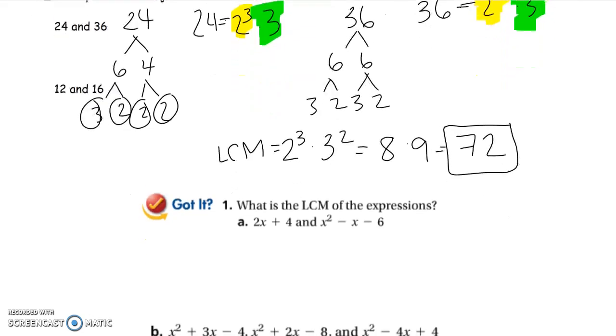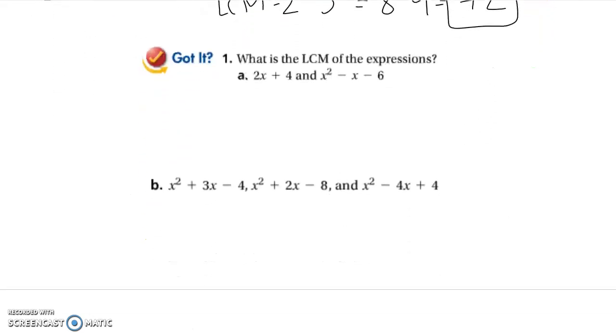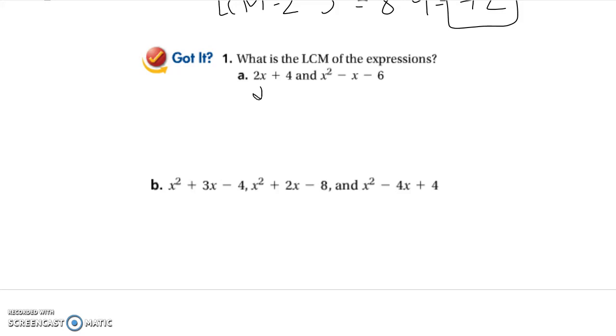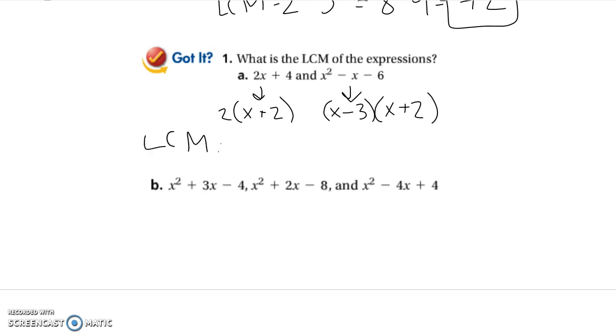Now we will practice doing this with polynomials, and what we need to do is factor each polynomial. So 2x plus 4 factors as 2 times x plus 2, and x squared minus x minus 6 factors as x minus 3 times x plus 2. Then for our least common multiple, we need to take the highest power of each factor that shows up.